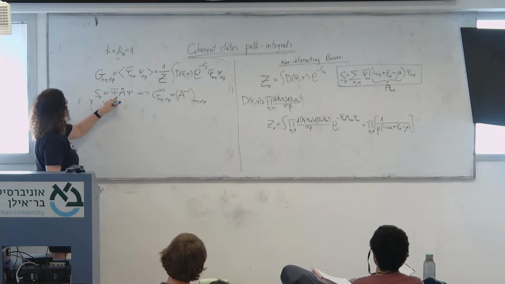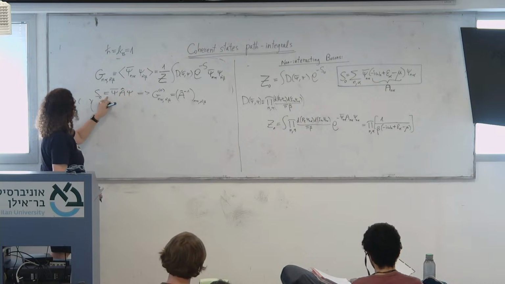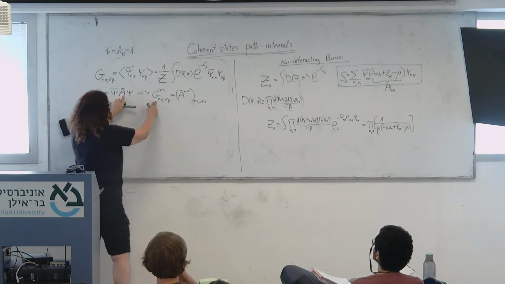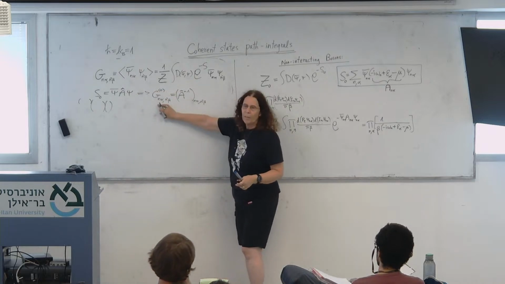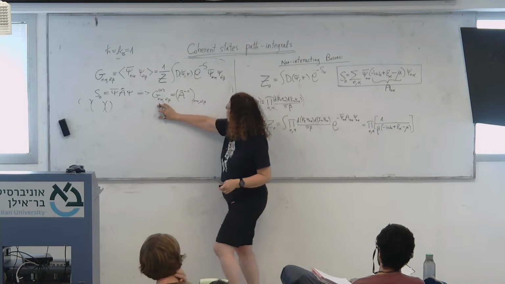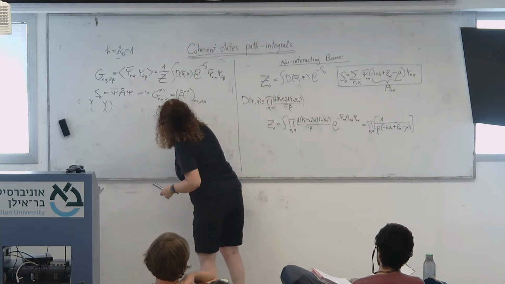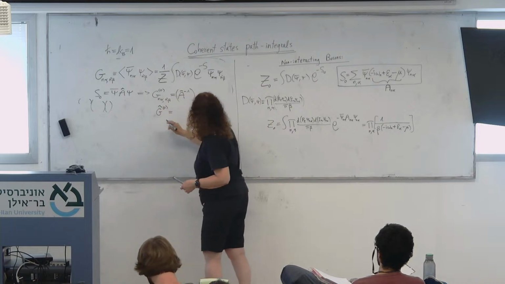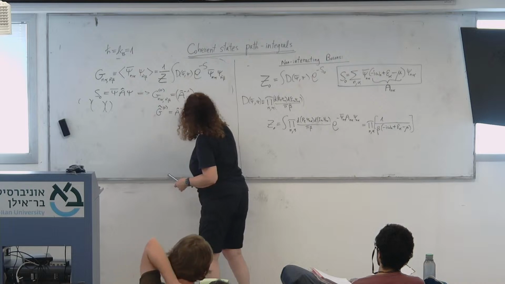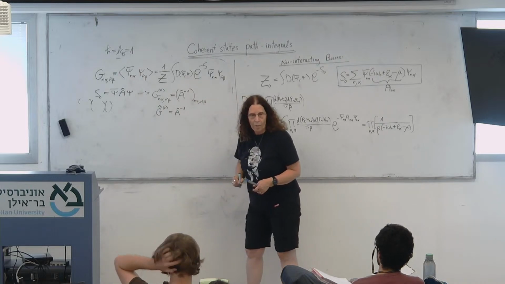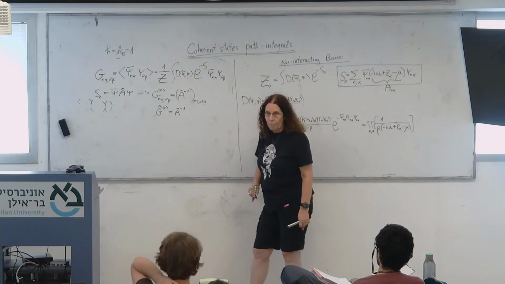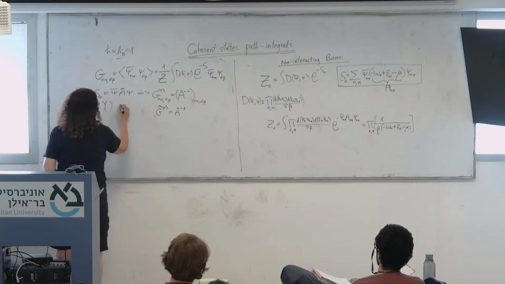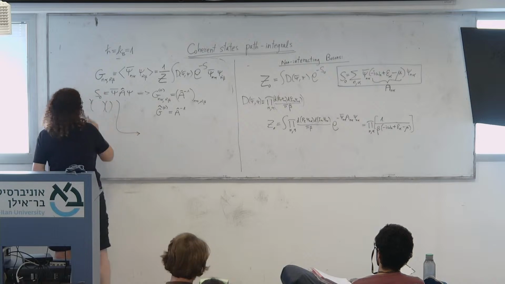If I have an action defined by a quadratic form with some matrix A, the Green's function is, here I wrote a particular matrix element, but you can also define it as a matrix relation, which is that the matrix G naught is the inverse of the matrix A. And therefore, because of that, I can actually rewrite my action S naught.